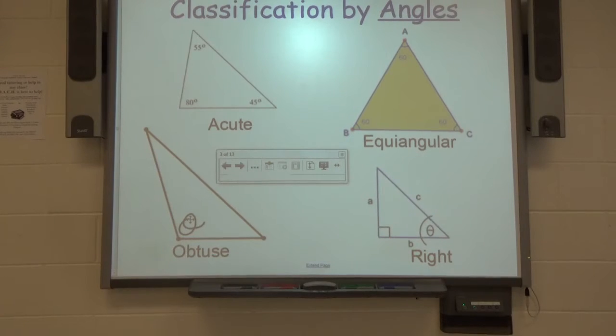Equiangular means all three angles are congruent, and in a triangle that means all three angles are 60 degrees. And finally we have a right triangle where one angle is 90 degrees exactly.